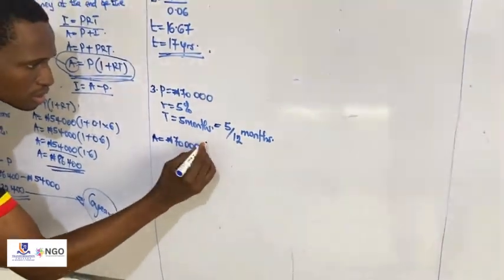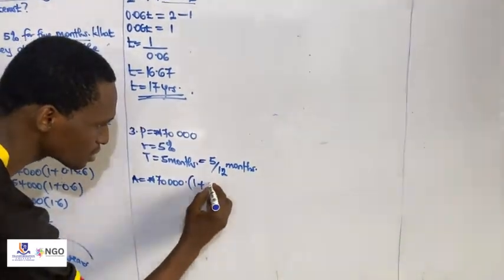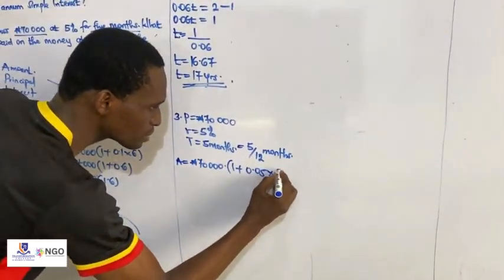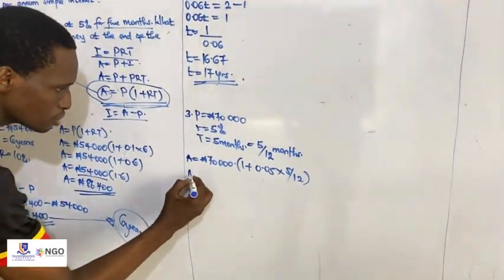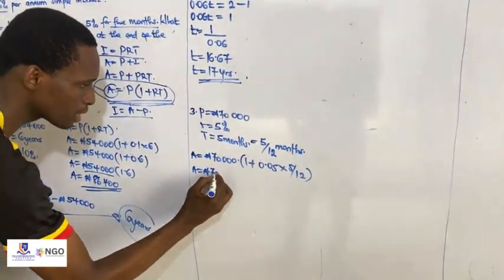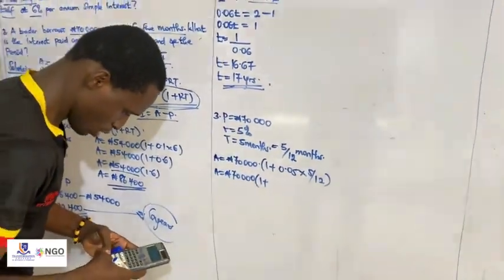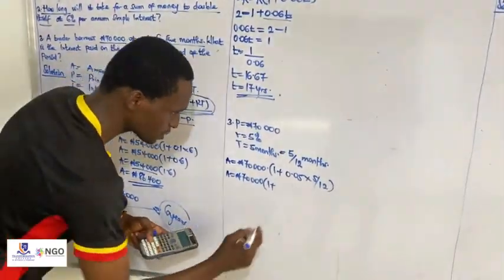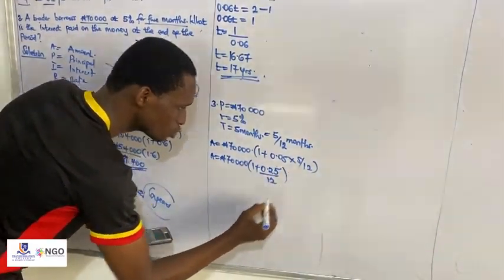Then A will be 70,000 into bracket 1 plus R, that's 0.05 times 5/12. So A will be 70,000 into bracket 1 plus 0.05 times 5, which is 0.25, divided by 12.